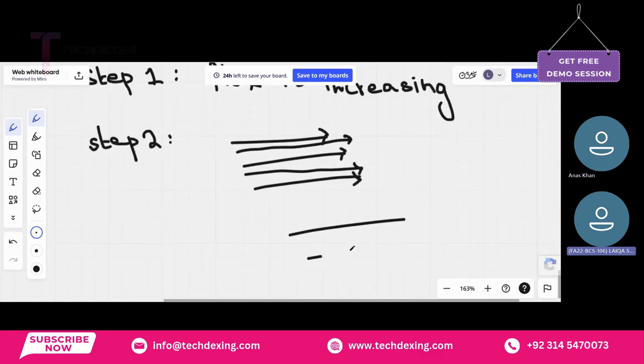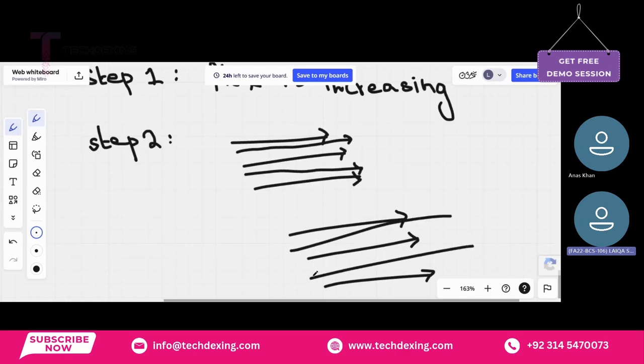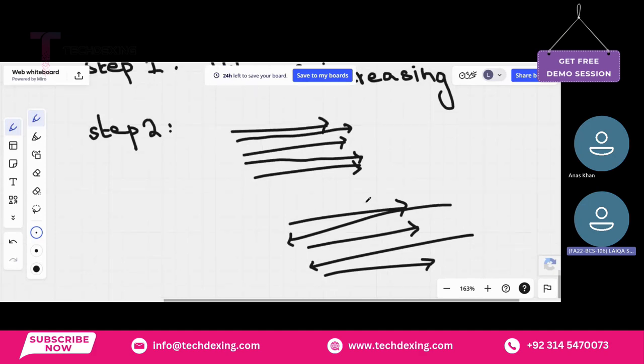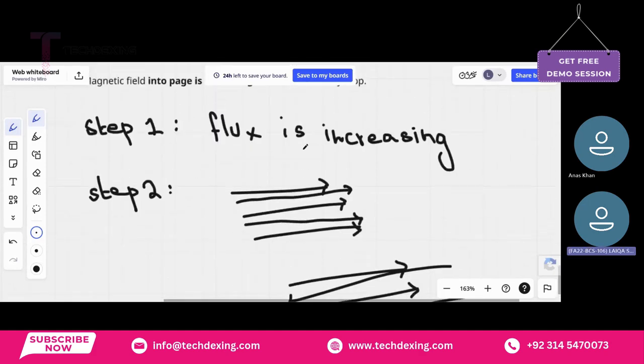So if the magnetic field is into the page, it will create the induced magnetic field which will be out of the page, so that when they are in opposite directions, the overall flux will decrease. So when the flux is increasing, the direction of the induced magnetic field would be opposite to the direction of the original magnetic field.